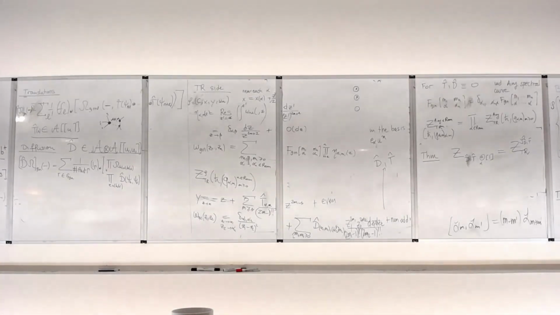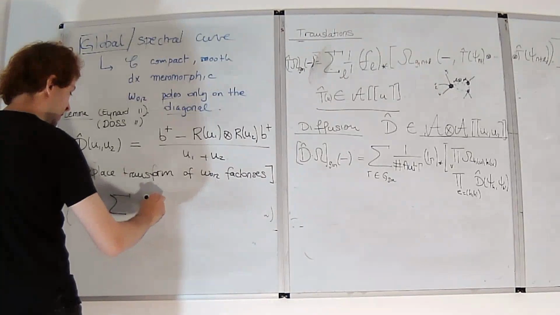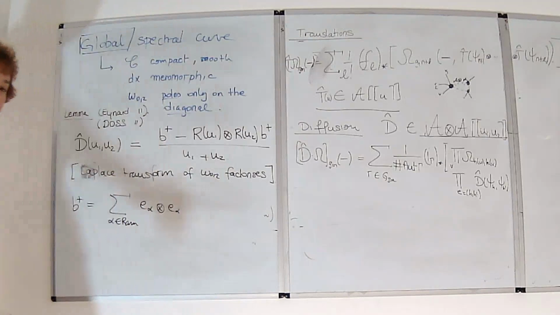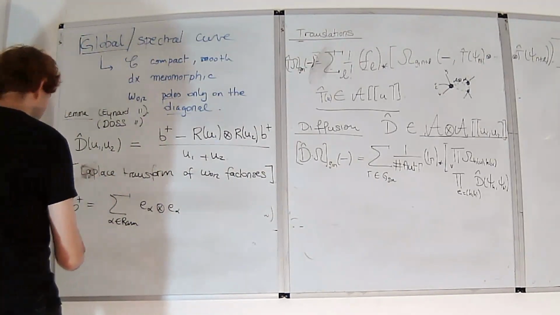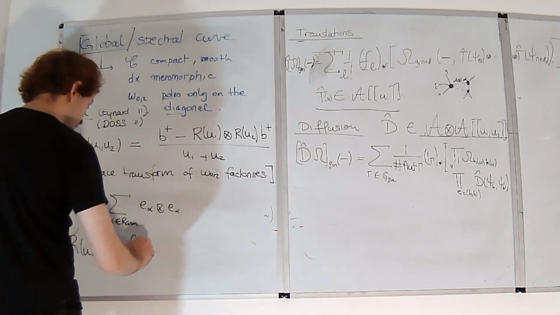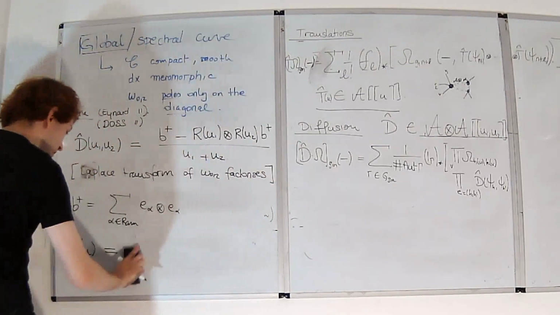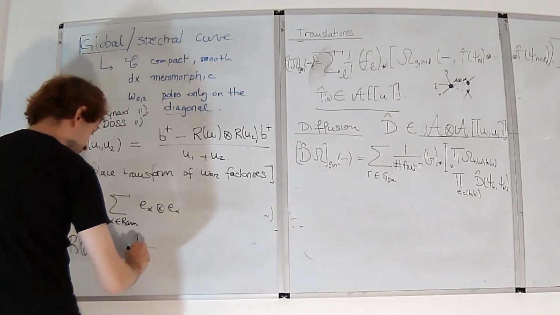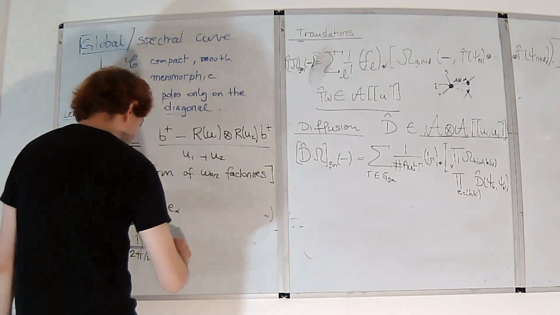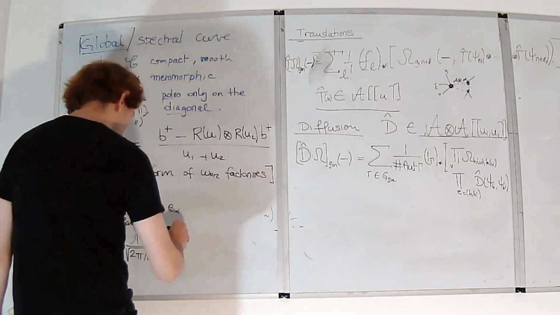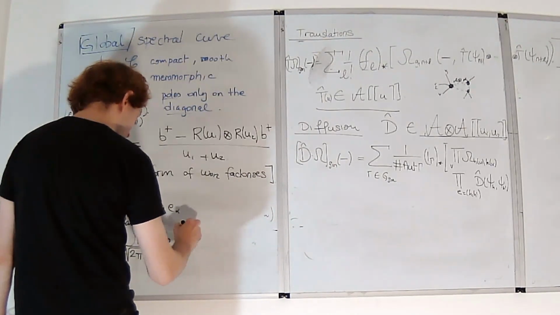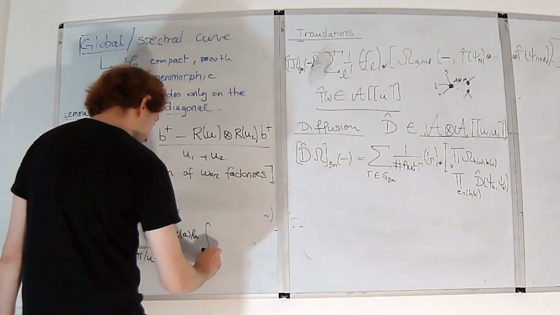This is just the sum of E alpha, E alpha. And R, which depends only on one variable, is the Laplace transform, with a slightly different normalization, this one, 2 pi squared over u, exponential of x_a over u, integrated over gamma_B.